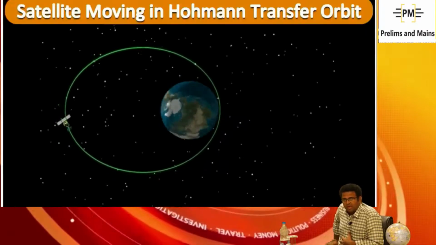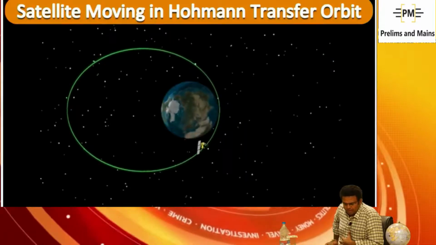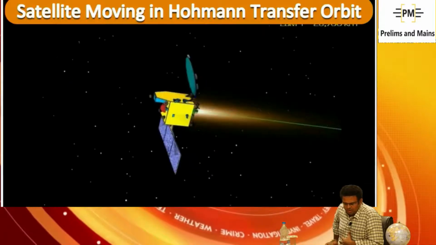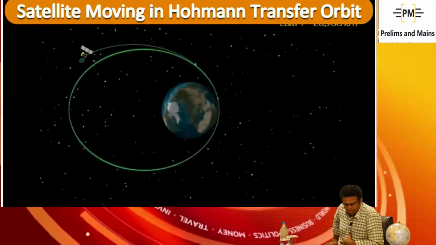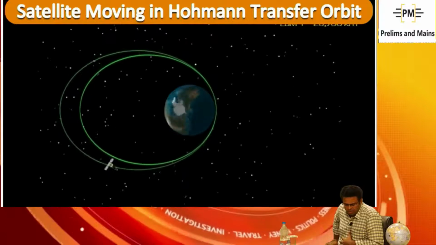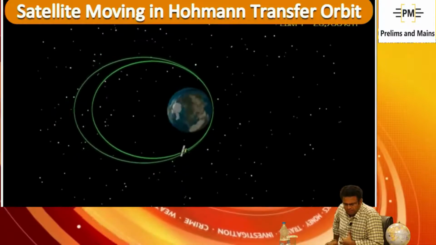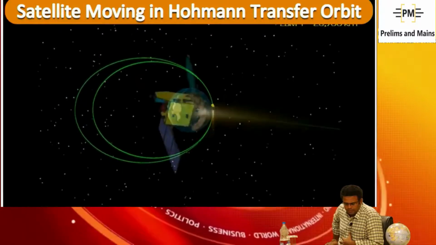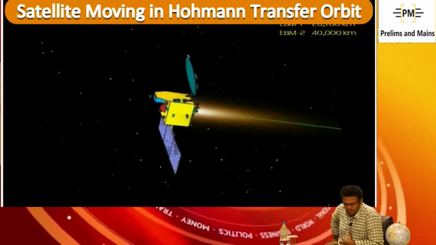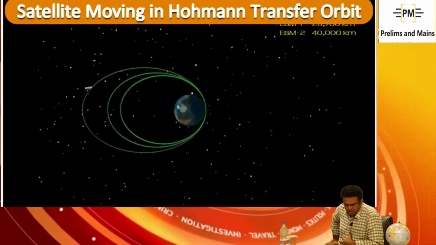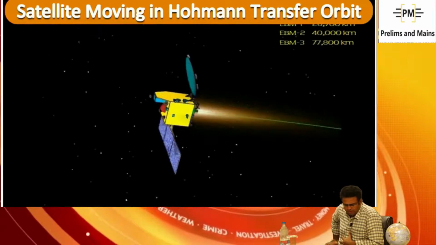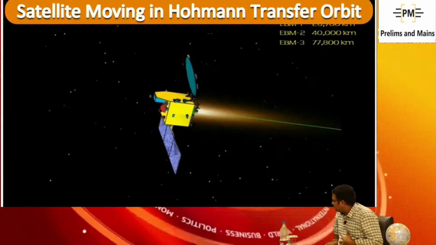If it is very far, then it has to carry very little weight, and every time it comes near the Earth, a small amount of energy is given, and it is pushed into a further, longer elliptical orbit. Slowly and slowly you can see this is a geosynchronous transfer orbit or Hohmann transfer orbit.